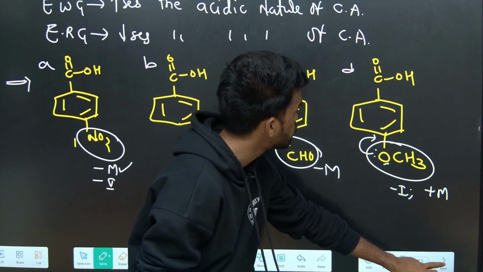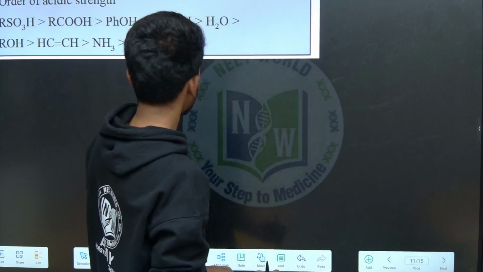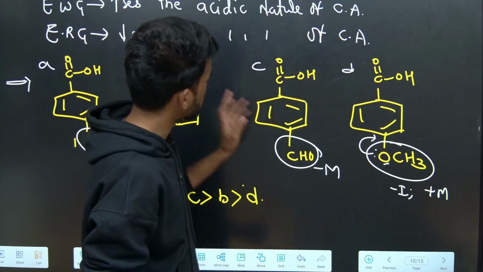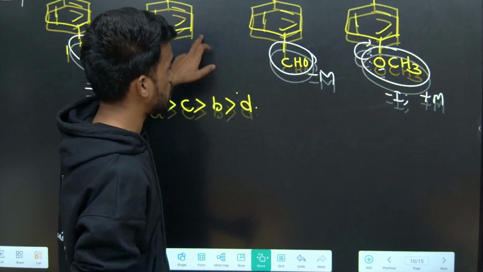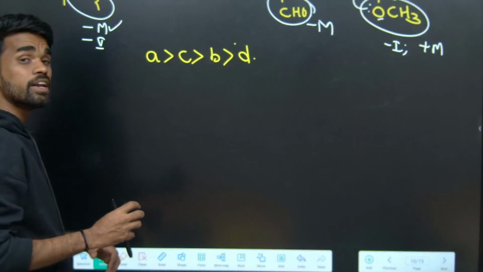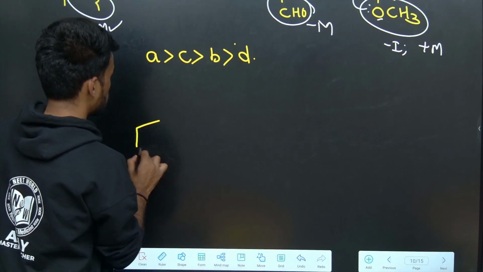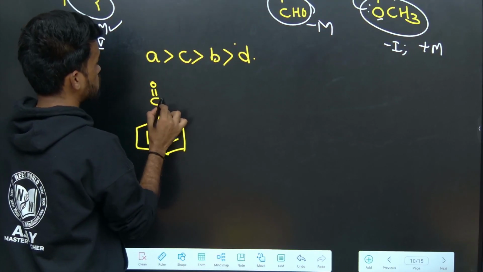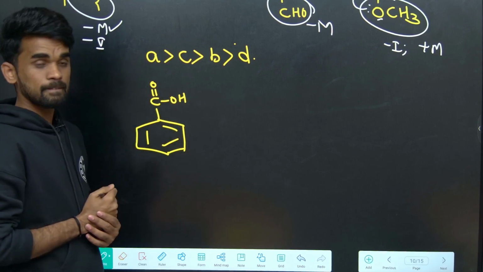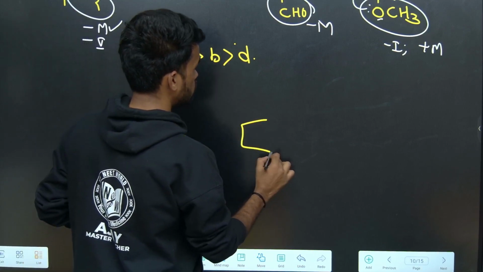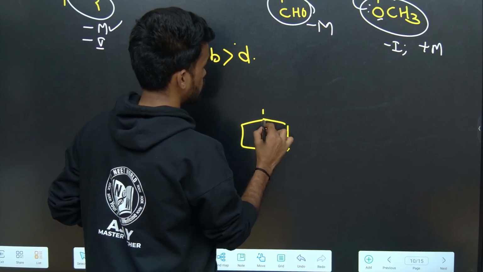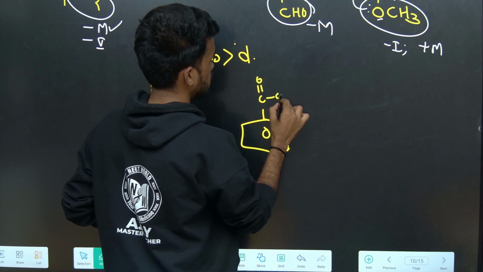Okay, let us move forward. So here, before going to discuss that, I just want to give you some basic idea on the ortho effect. See, I have a carboxylic acid like this, and one more carboxylic acid.